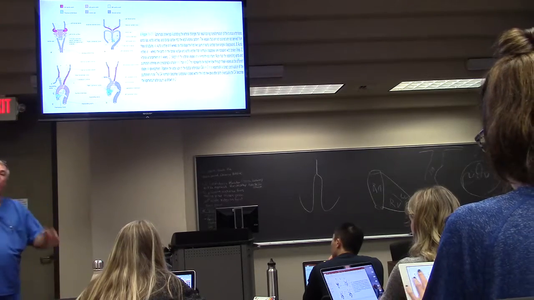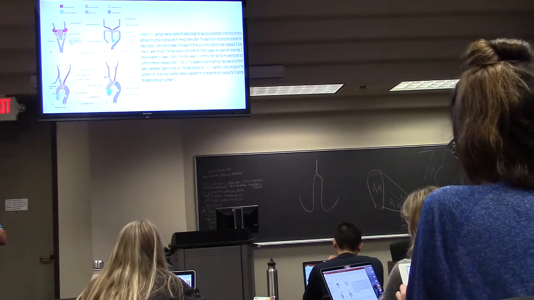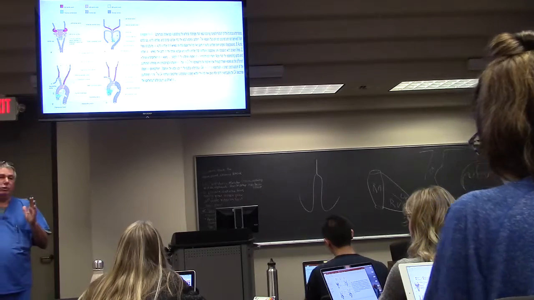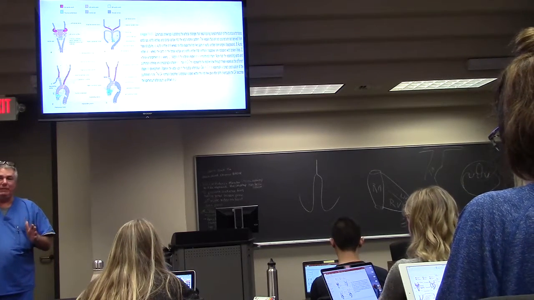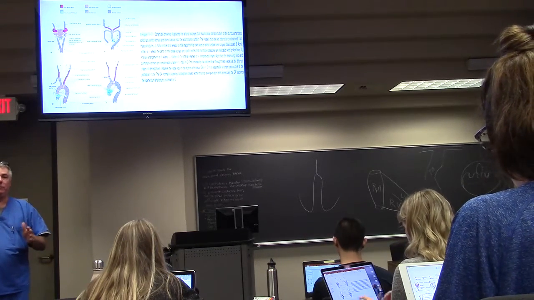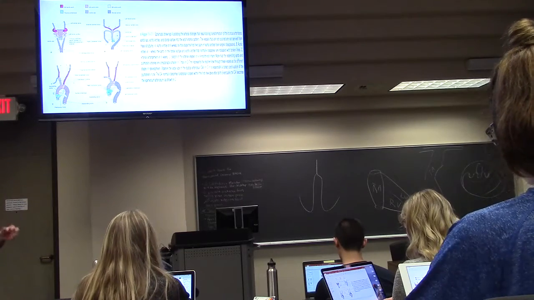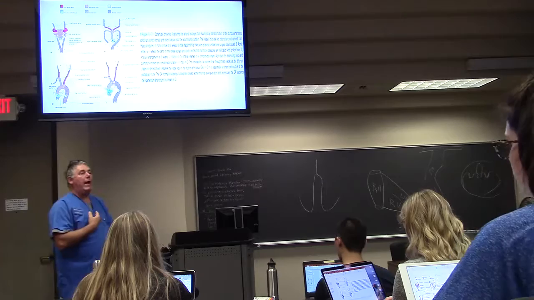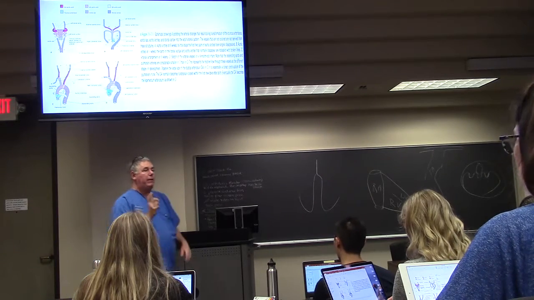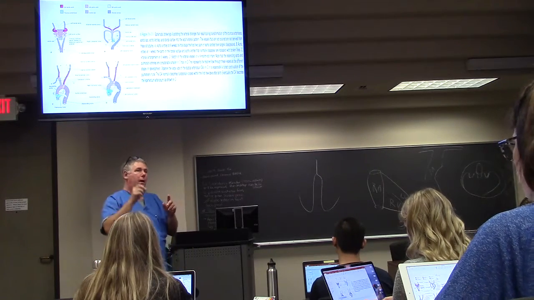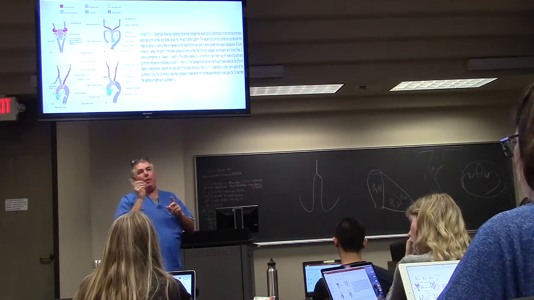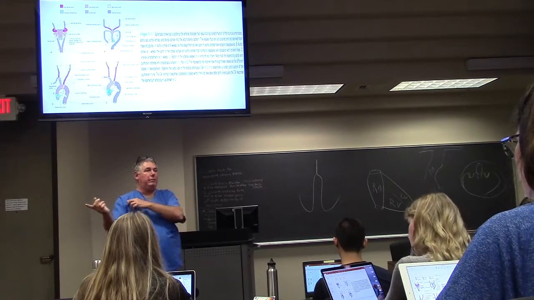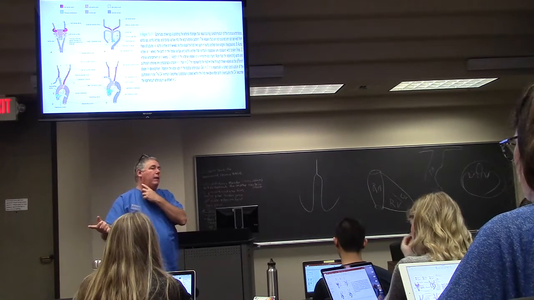So let's look at the arterial system here. The arterial system is just as jacked up as the venous system in terms of things degenerating and moving around. You've got one brachiocephalic, you've got an aorta, then you've got an arch, and this thing going over here is going to give rise to a subclavian and a common carotid.